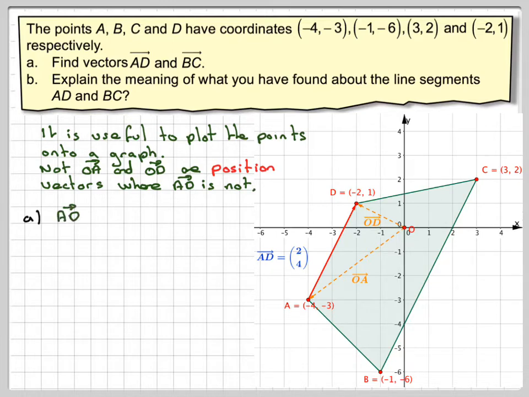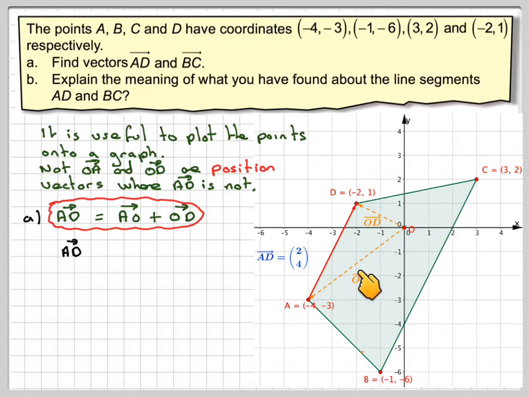So AD, going from A to D, like I just said, is the same as going from A to O plus O to D. It's very, very important to get that concept realised. Therefore for AD, on the first part we are going against the arrow of the position vector, so we need to put a minus sign and then write the coordinates as a column vector, (-4, -3).